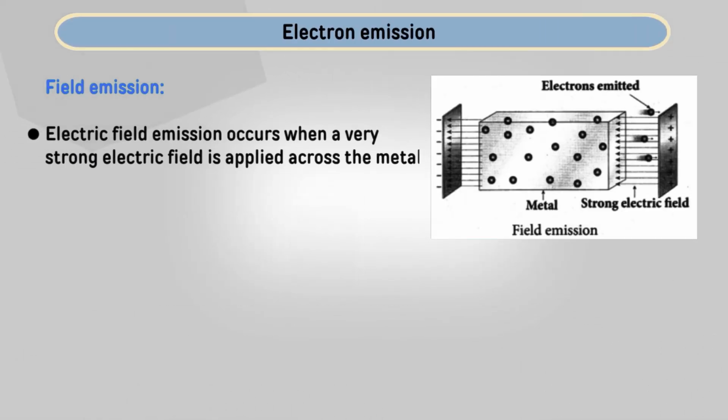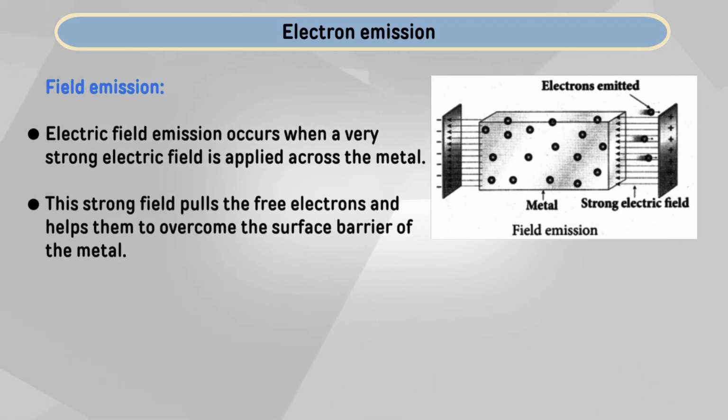Now, field emission. Field emission occurs when a very strong electric field is applied across the metal. This strong field pulls the free electrons and helps them overcome the surface barrier of the metal. The main mechanism is that we have to break the surface barrier by providing energy equivalent to the work function.